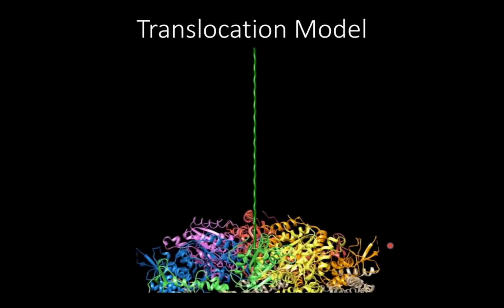So just thinking at low resolution, we can illustrate the conceptual implications of this structure in terms of a possible model of translocation. To do that, we've drawn an idealized substrate exactly along the helix axis in a beta strand conformation in green. And then we recognize that the VPS4 structure is asymmetric.